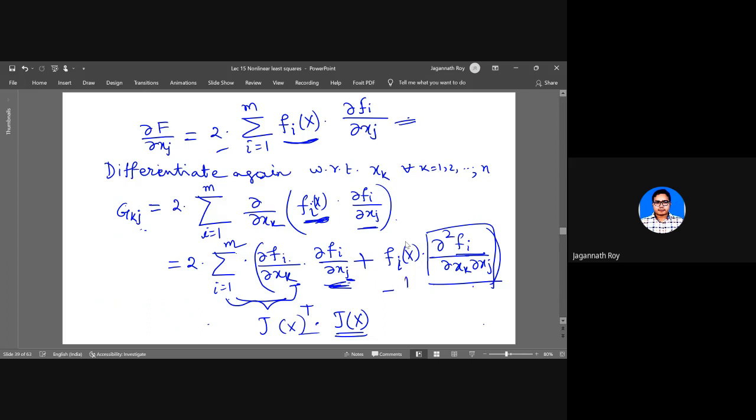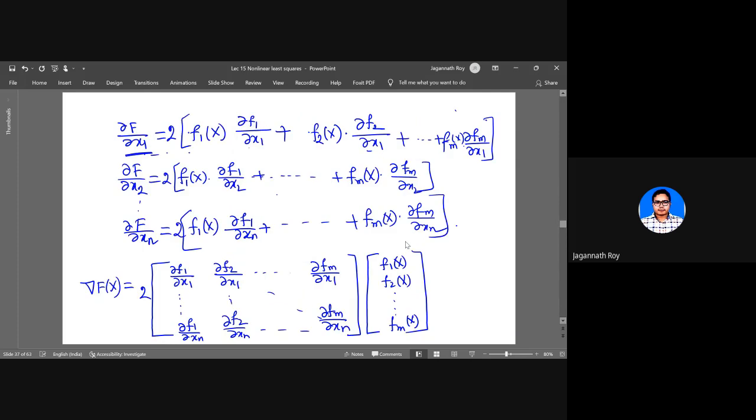Let us call this one f_i of x, and this one will be called the Hessian matrix, because if you again find that i equals 1 to m, this would be the Hessian and this would be f of x when the summation of all these terms are there.